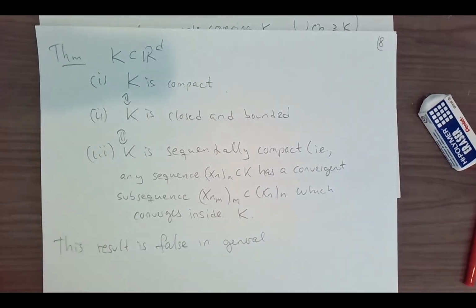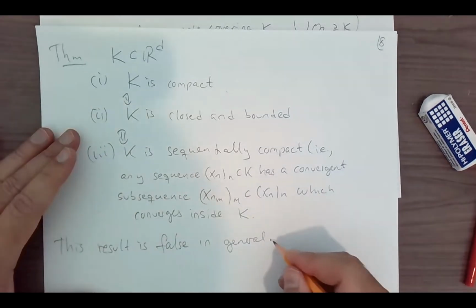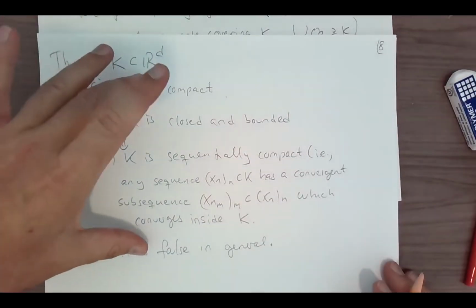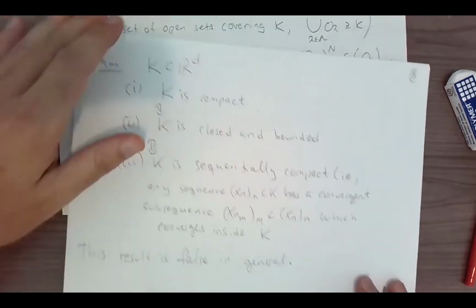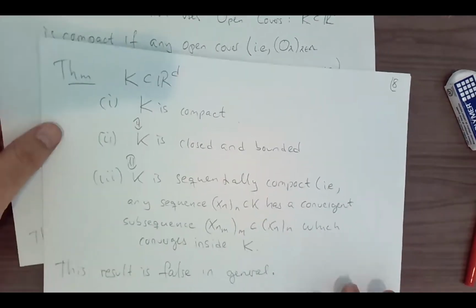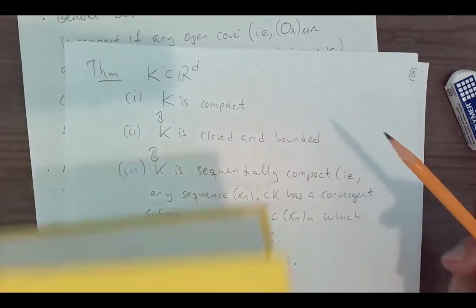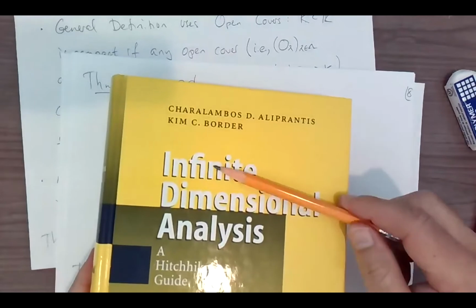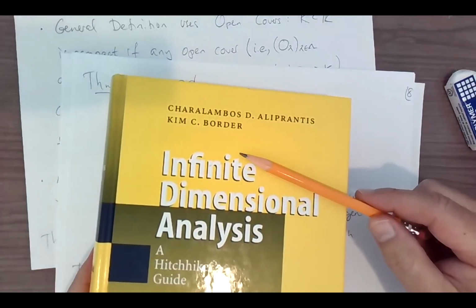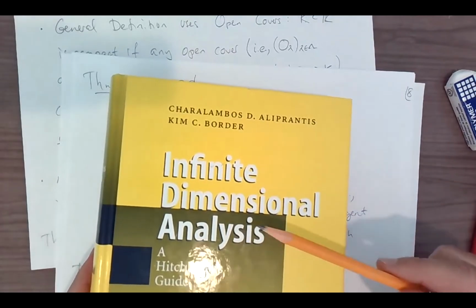I had prepared a little example about that, but let's do a few examples about where it does work, and then let me at least give you an idea about why you should not expect something like this to work. There's a reason why this Bible here, the Hitchhiker's Guide, is called infinite dimensional analysis.